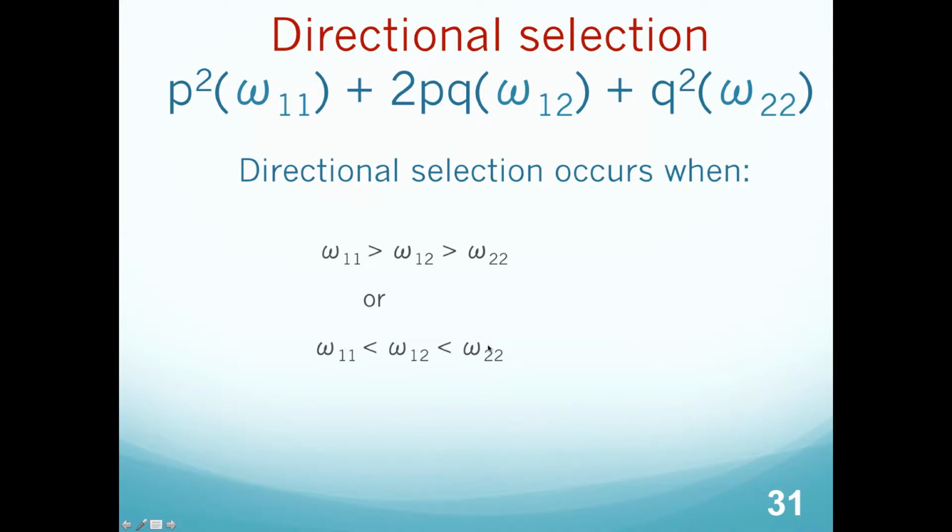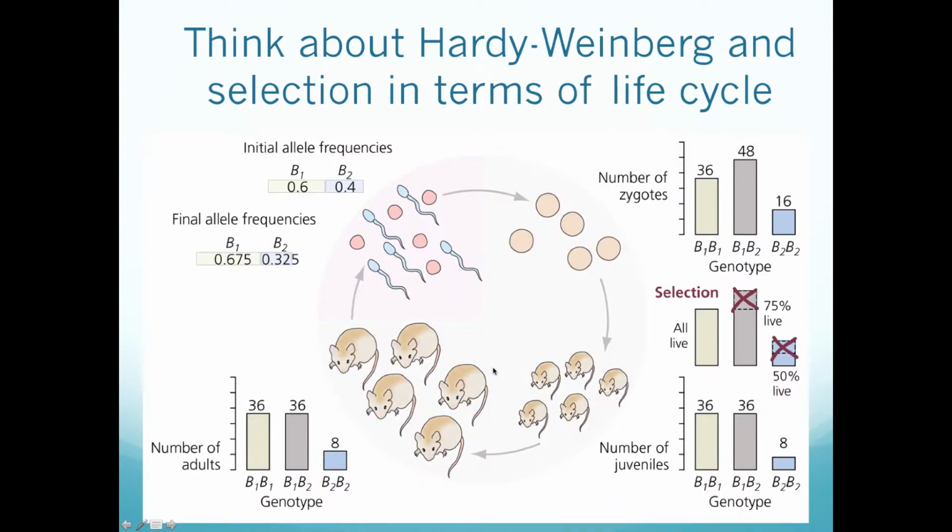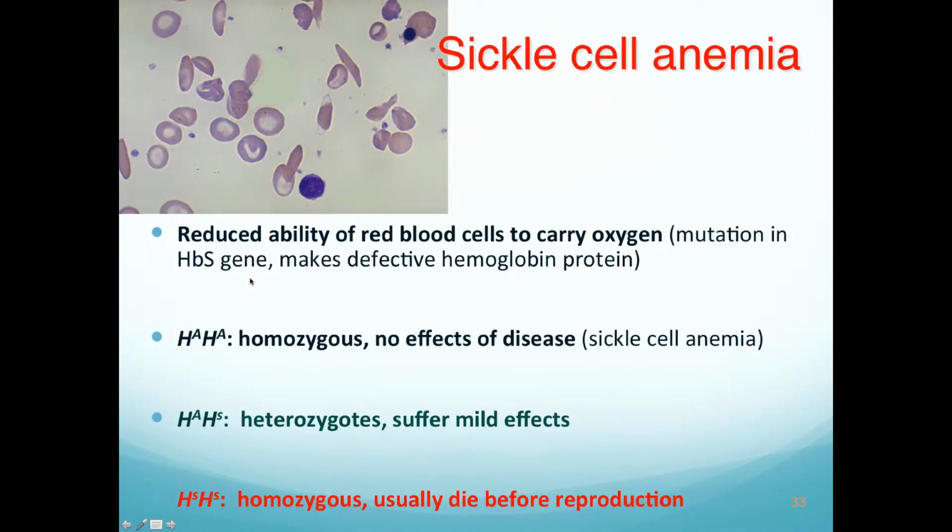Or the opposite would be omega 1,1 is less than the heterozygote and omega 2,2. And this is just the classic selection scenario. So we have, just like we saw, selection occurring against the heterozygote and the homozygote A2, leading to changes in allele frequencies.